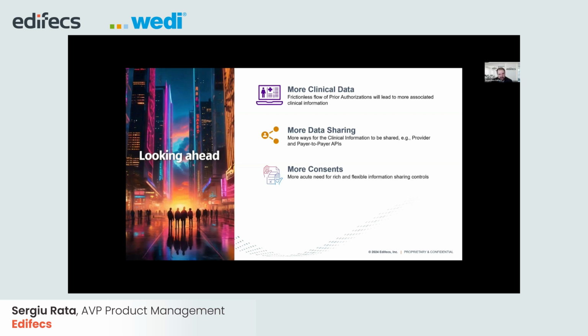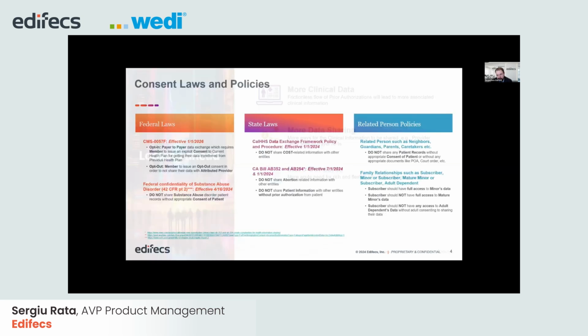With so much data sharing, members will have a say, and there's going to be an acute need for rich and very flexible information sharing controls. And it's no wonder that there are so many new consent laws and policies propping up, even on the regulation side.